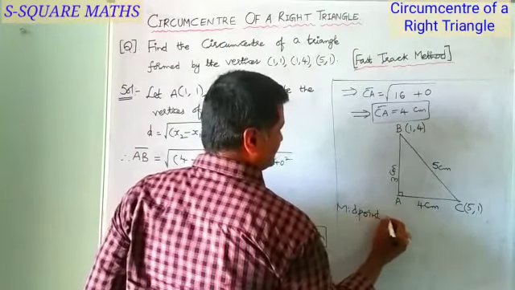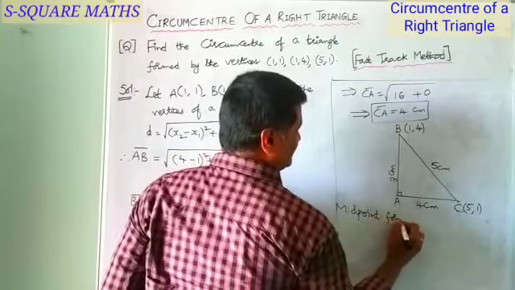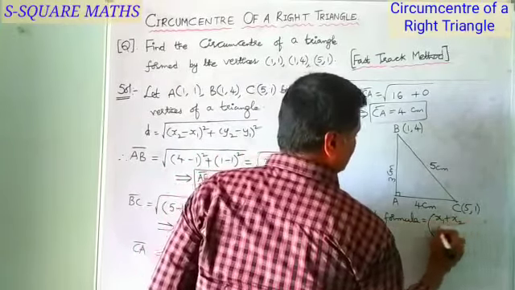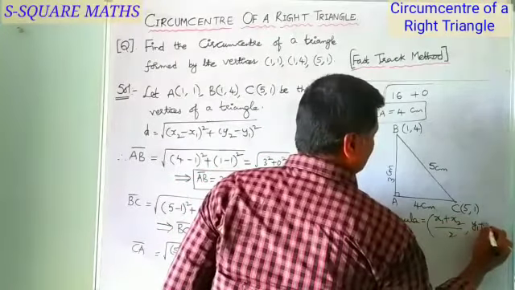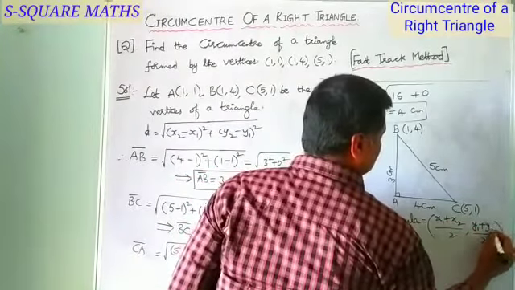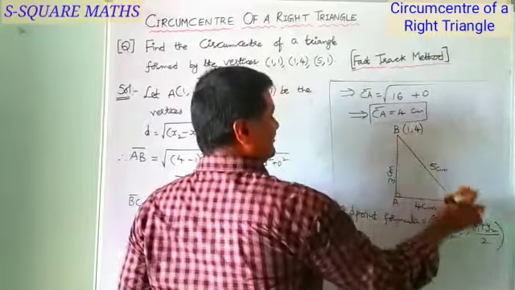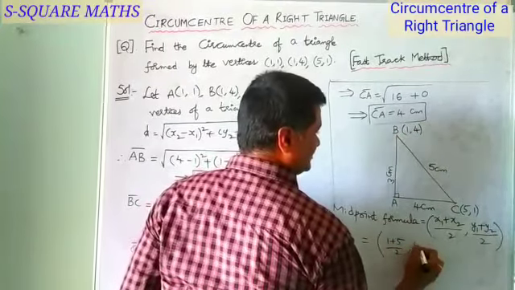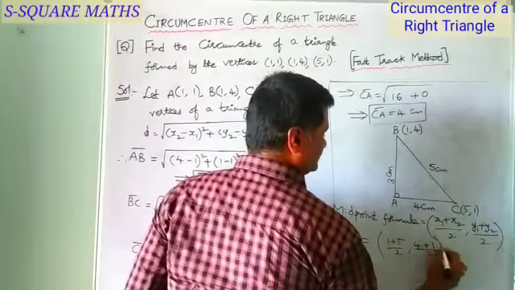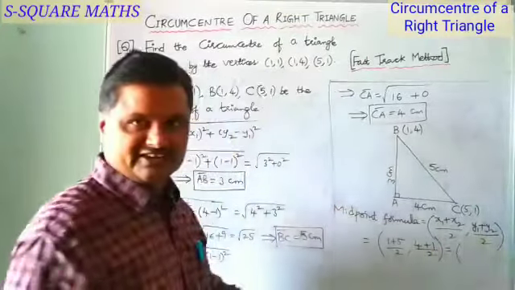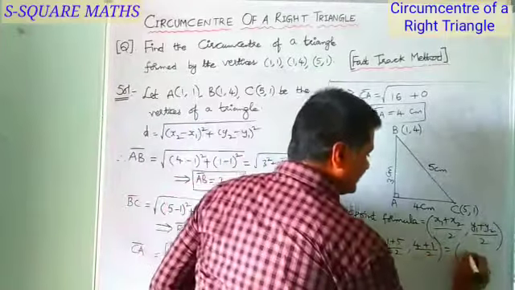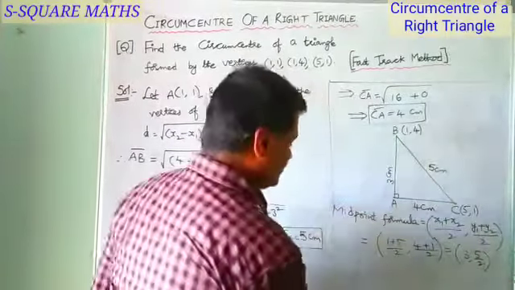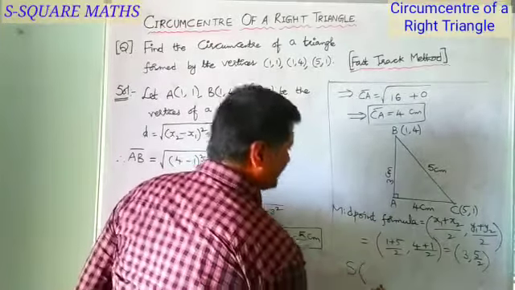Midpoint formula is (x1 plus x2) by 2 comma (y1 plus y2) by 2. So with x1 y1 and x2 y2, it is (1 plus 5) by 2 comma (4 plus 1) by 2. It gives you 6 by 2, which is 3, and 5 by 2. So S is nothing but the circumcenter.